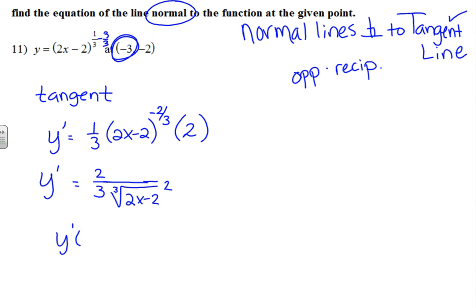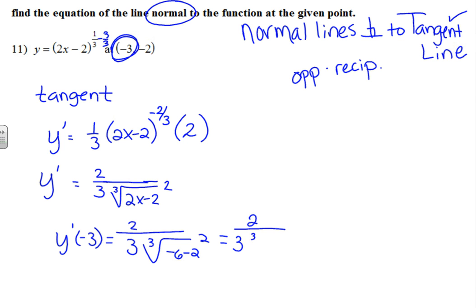I want to know the derivative at the point of tangency, so at negative 3. So y prime of negative 3 will look like 2 over 3, cube root, 2 times negative 3 will make this negative 6 minus 2, and then square. It gives me 2 over 3 cube root of negative 8.